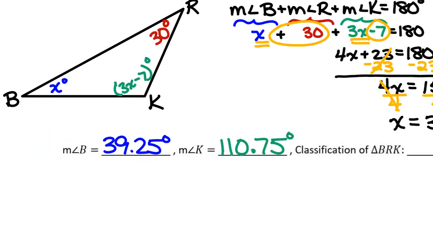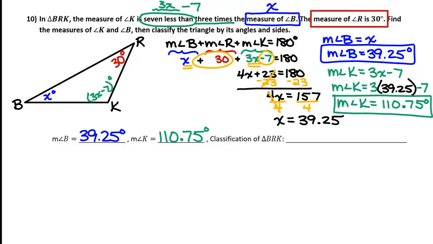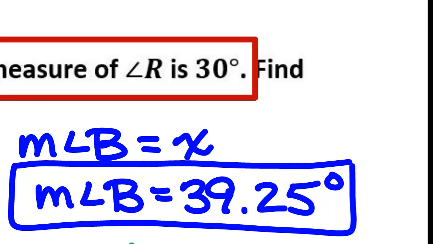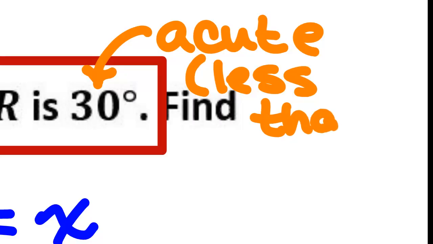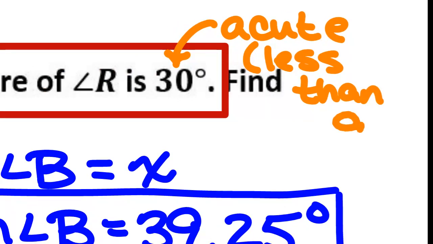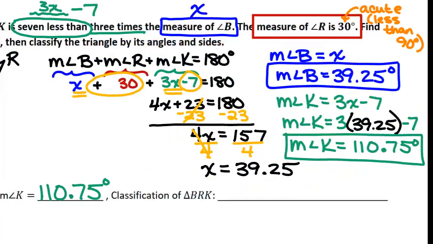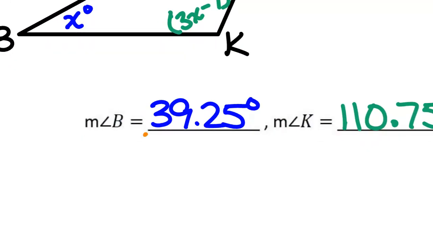Now we're going to classify this triangle. Angle R, 30 degrees. What type of angle is that? Acute, because it is less than 90. What about angle B?